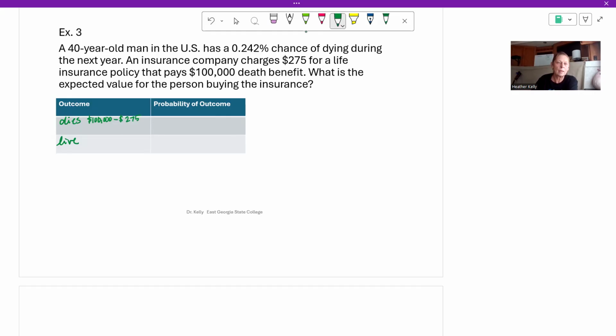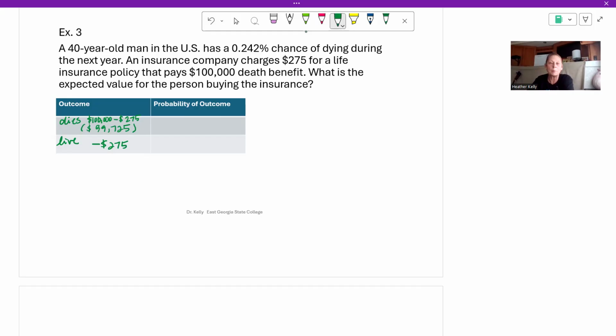So that gives a total outcome of $99,725. And then the other option is you live, and if you live, you're just down that $275 premium you pay every year.